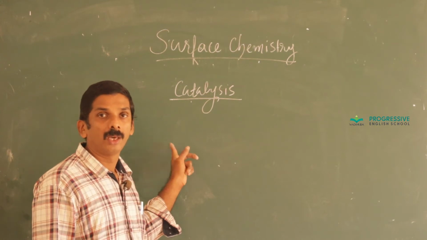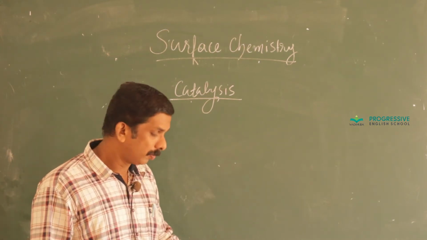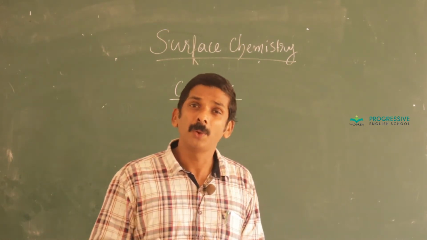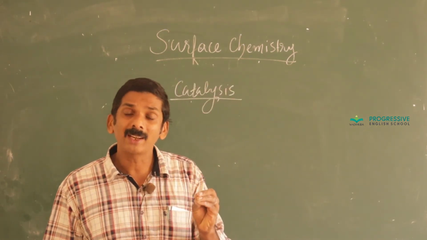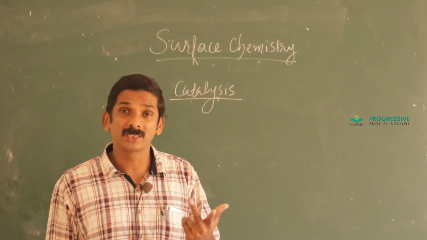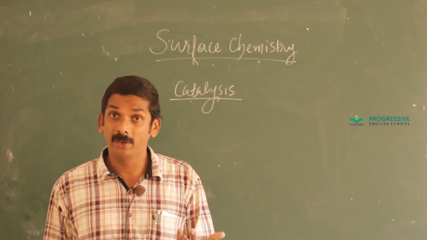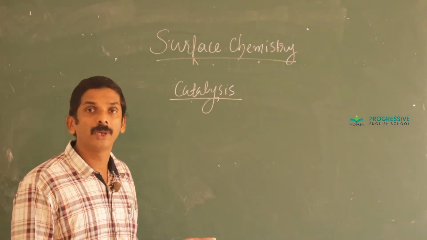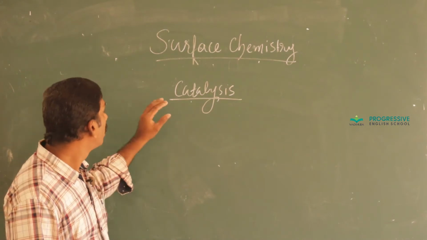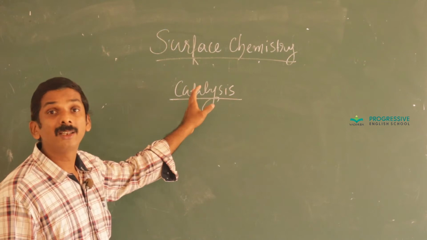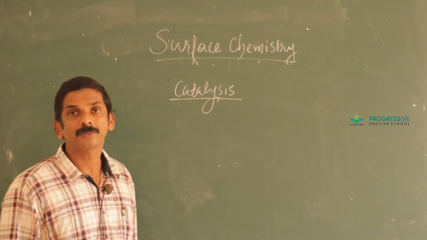Okay? A catalyst is a substance. Some of you think that a catalyst only increases the rate of a reaction. No. There are some catalysts which decrease the rate of a reaction. That is why we use the term alter, vary or change the rate of a reaction without undergoing a self change. The reaction that takes place by using a catalyst is called a catalysis reaction.